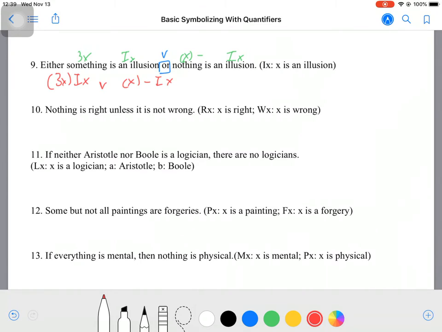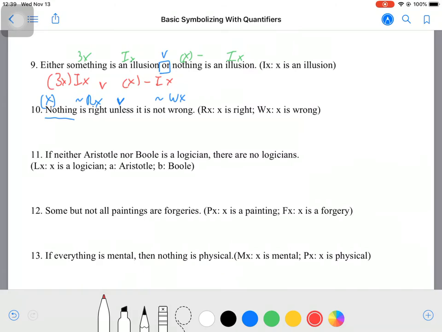Nothing is right unless it is not wrong. Remember, unlesses are wedges. So this one's going to be a little bit confusing, possibly, depending on where we put certain operators, but let's also notice that we're talking about nothing. So we're actually talking about everything, and we're going to say that everything is not something. In this case, everything is either not right, or it is not wrong.